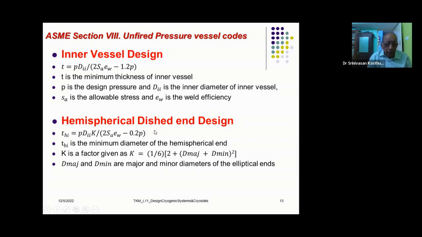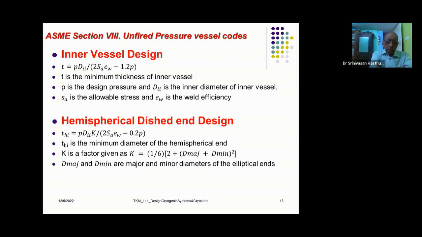Okay, here t_hi is the minimum thickness of the hemispherical end. The factor K is given by K equal to 1/6 of (2 plus (D_major divided by D_minor) whole squared), and the bracket is again closed.